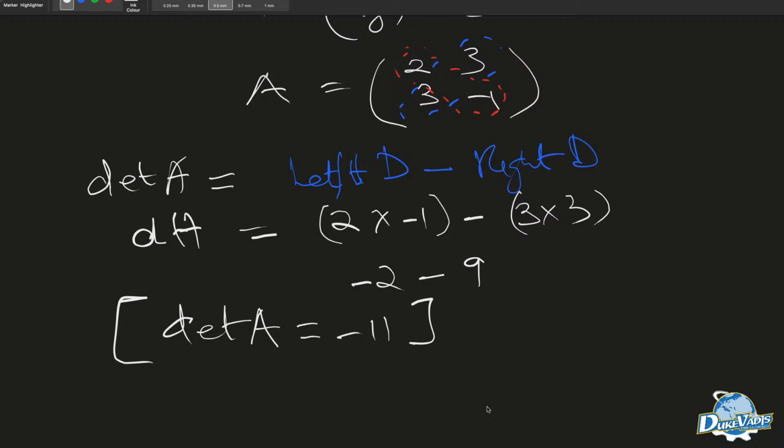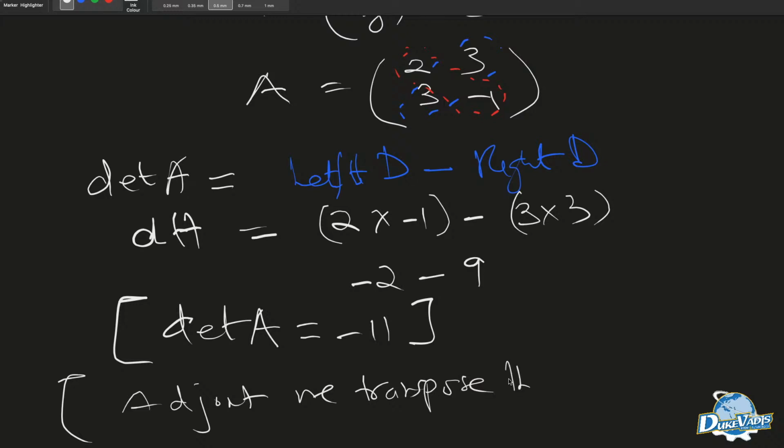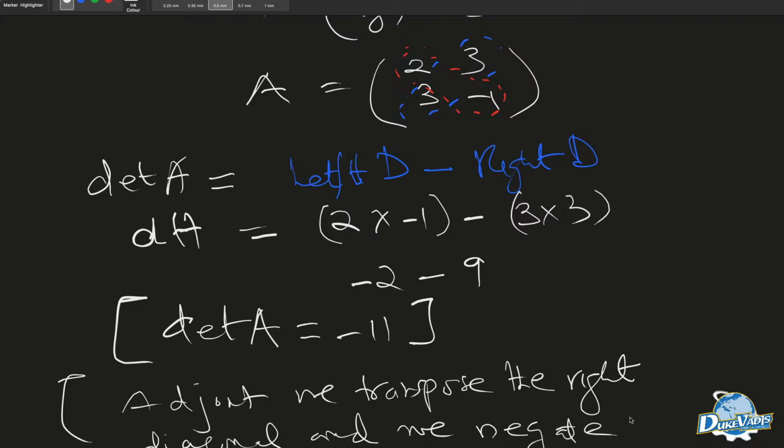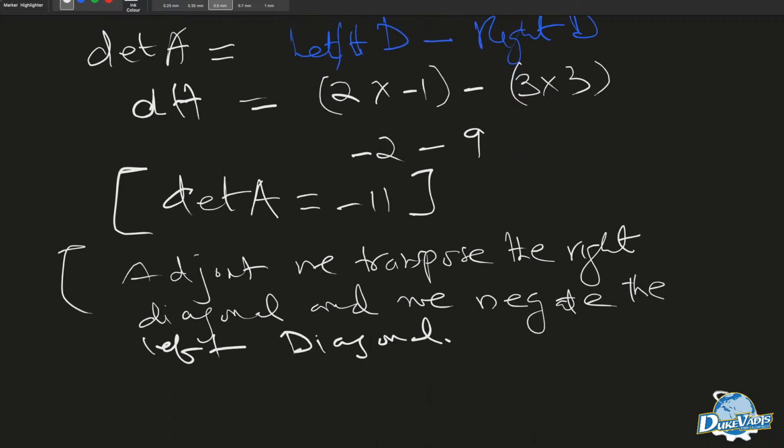Okay, with the adjoint, small note: we transpose the right diagonal and we negate the left diagonal to get our adjoint. Okay, so the matrix, as we saw, is A.